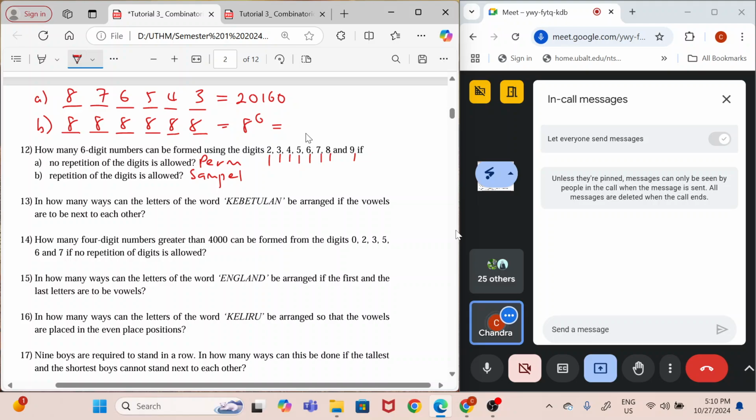You will get 262144. I give this question just so you can compare. When repetition is not allowed, it becomes permutation. When repetition is allowed, it becomes sample. In both of them, arrangement is important, order is important. We have to take the order into consideration.